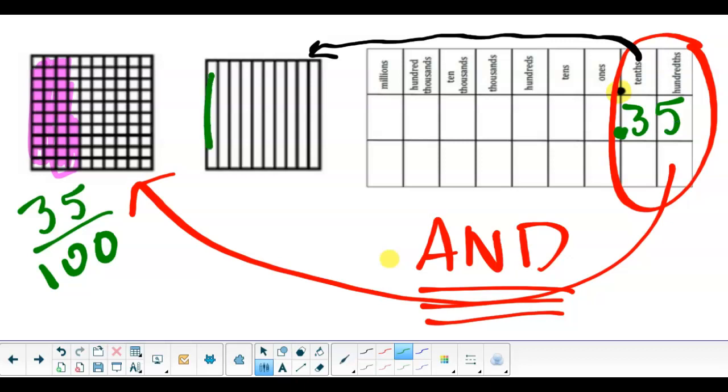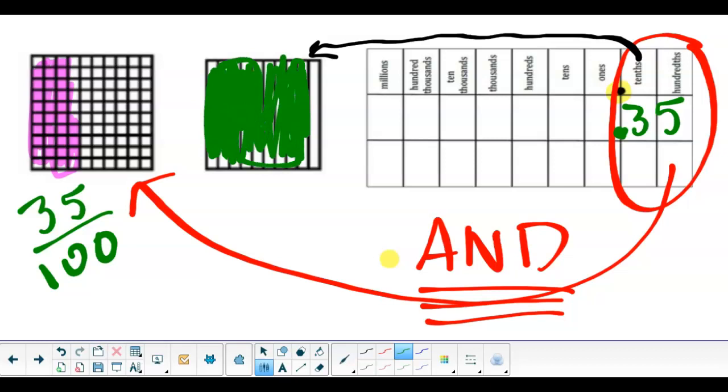Now, when I have my tenths, crazy sloppy coloring job, that would be 9 tenths. And I can also write that in my place value chart as 9 tenths.